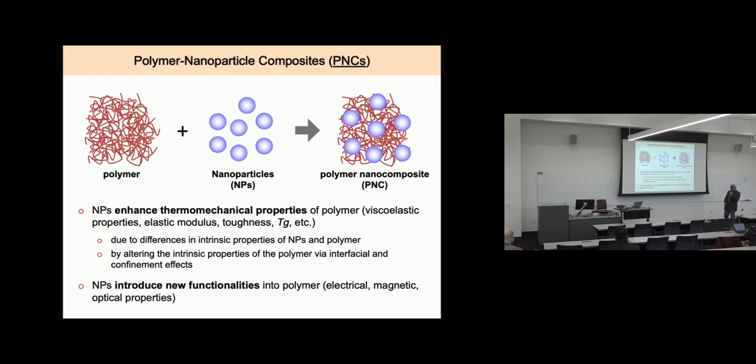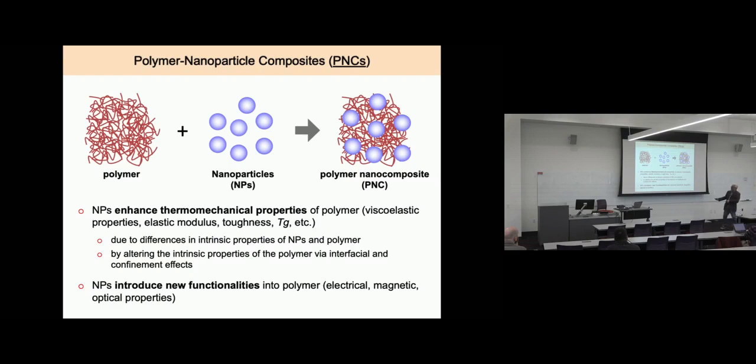But a more subtle, but actually stronger effect is because these nanoparticles introduce interfacial and confinement effects. So they change the properties of the polymer at a very fundamental level. And this happens even at extremely low volume fractions, like 1 or 2%. And that's enough to completely change things.